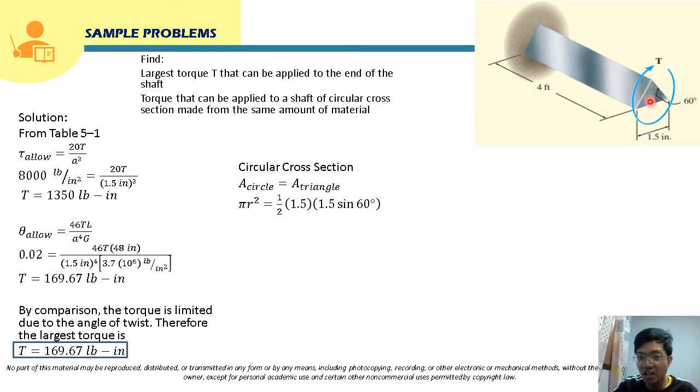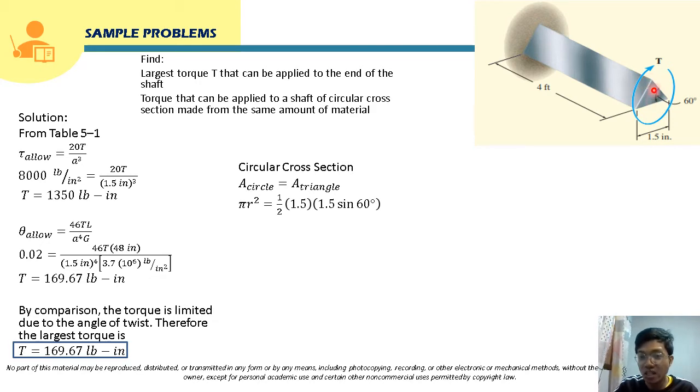Take note, class, that all the angles of an equilateral triangle are 60 degrees. So this will be the height. From this right triangle, 1.5 is the hypotenuse, and the opposite side is the height.